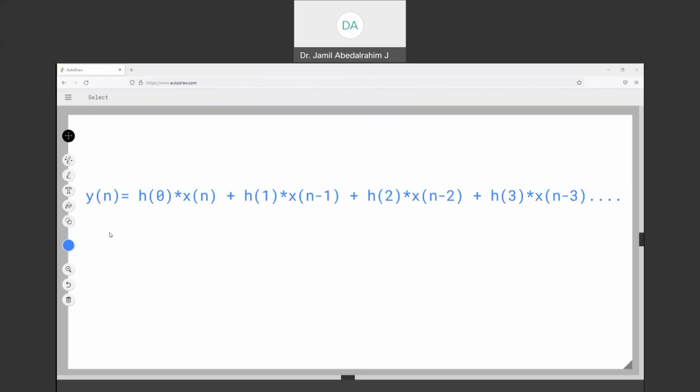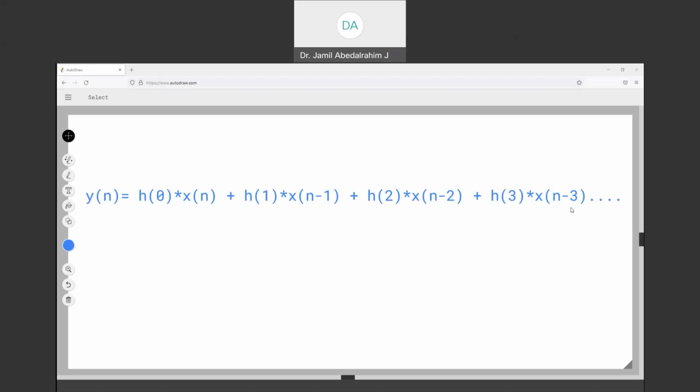So this is the fixed equation, which I explained in the last lecture. y of n equal h of 0 multiply x of n plus h of 1 multiply x of n minus 1 plus h of 2 multiply x of n minus 2 plus h of 3 multiply x of n minus 3 and so on. So we applied this equation to the previous two examples from the previous lecture.